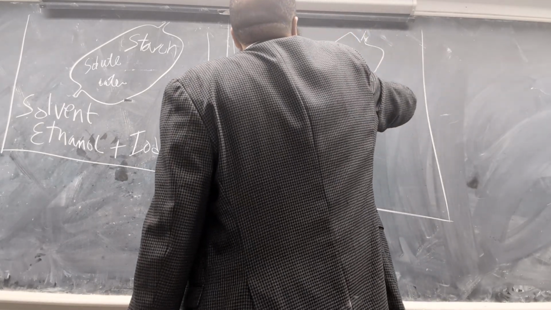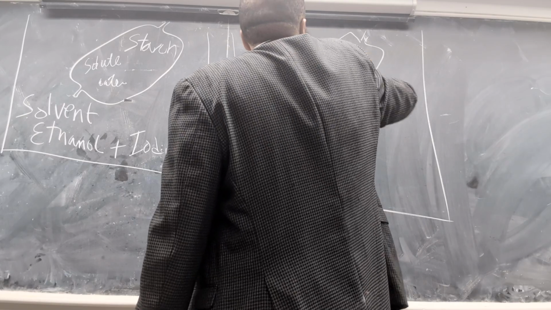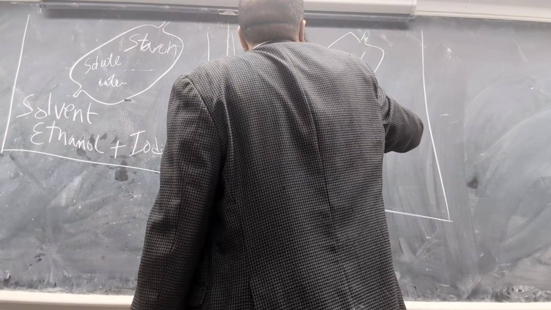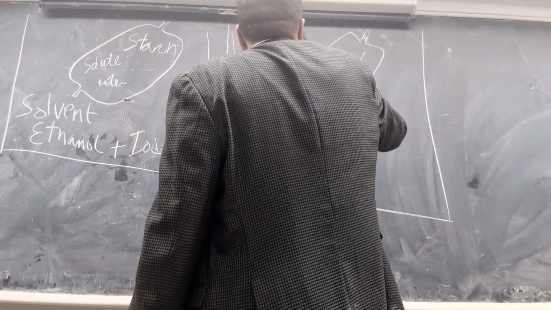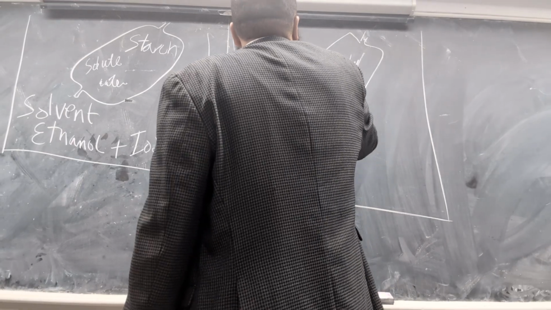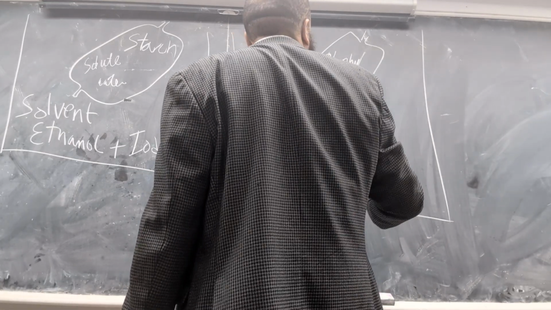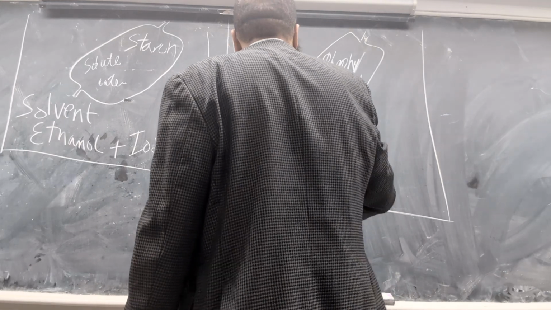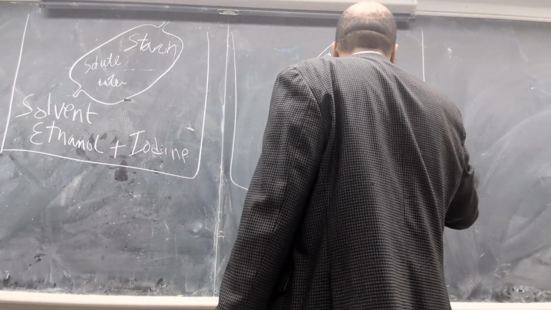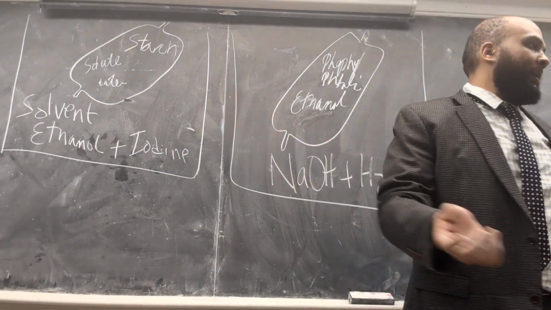On the inside, you're going to have phenolphthalein with water, and phenolphthalein and ethanol. On the outside, you're going to have sodium hydroxide, NaOH, plus water. So these are our two experiments.